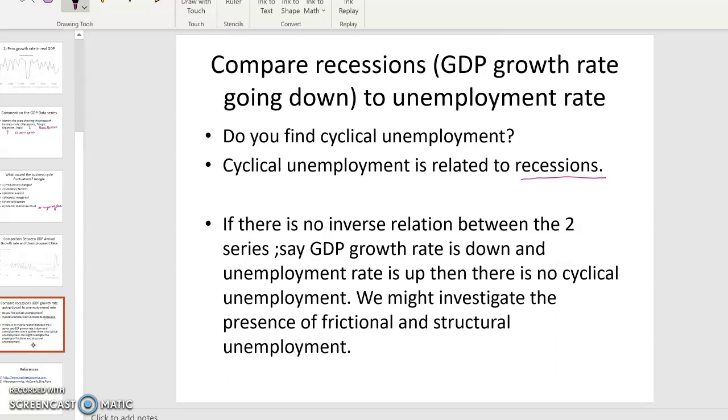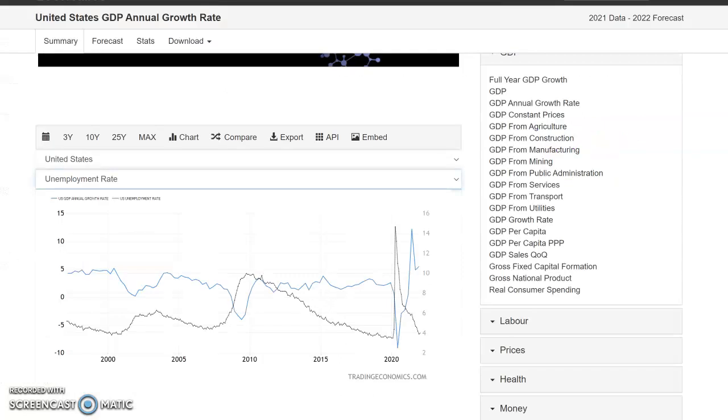This means our GDP growth rate is going down and unemployment is going up. So we can see some kind of inverse relation between GDP and the unemployment rate. Let's see if we see anything for the US economy here.